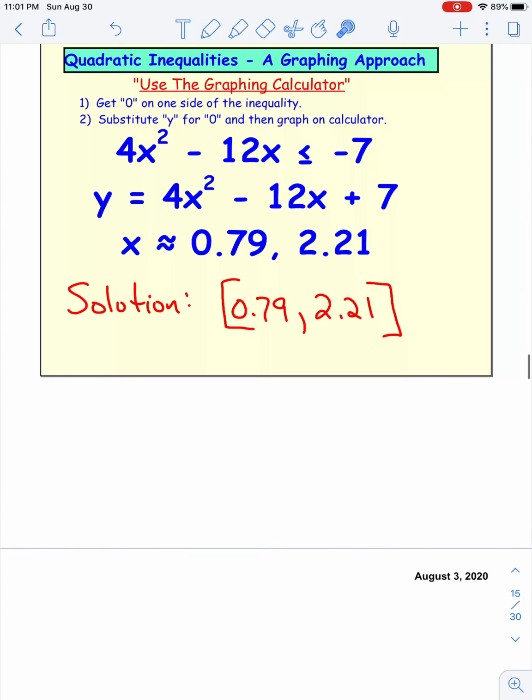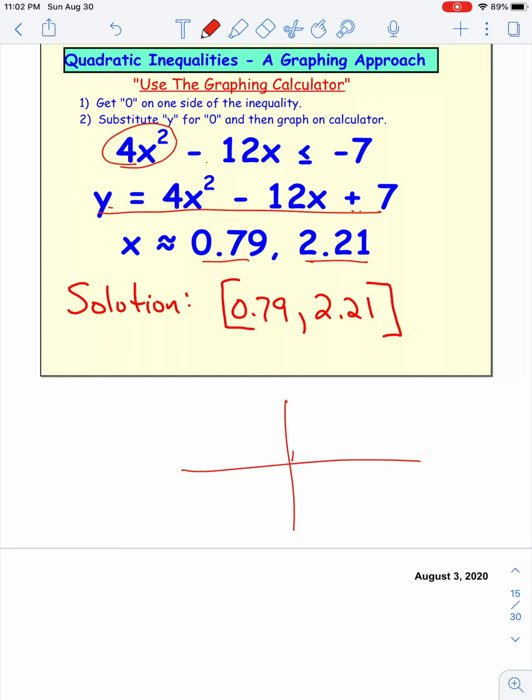So you can use a graphing calculator to do this. We know that if we set y equals 4x squared minus 12x plus 7 and plug that in a graphing calculator, it crosses the x-axis at 0.79 and 2.21.